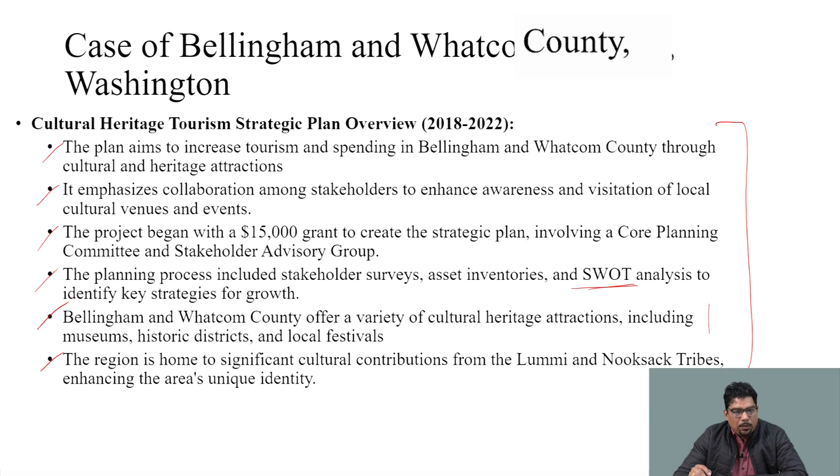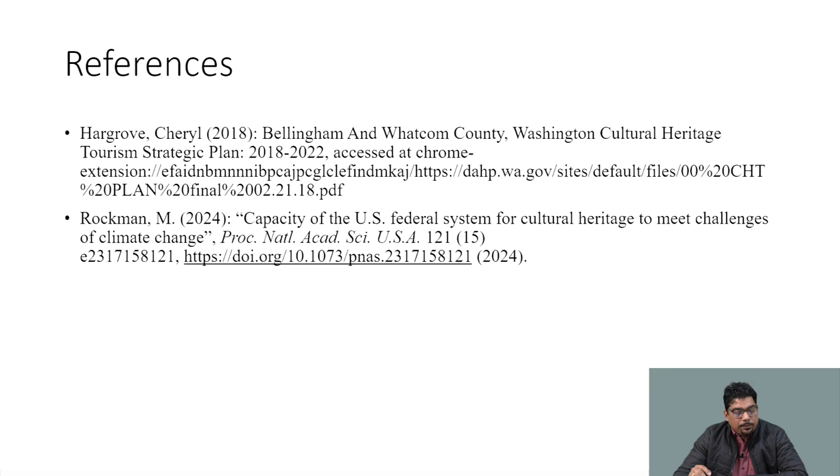This case in Washington is a recent development, but it indicates how this has been carried out through major collaboration that has played a very significant role. So these are the cases, and one of these cases is Bellingham and Whatcom County in Washington, United States. So this is the new development in this area.